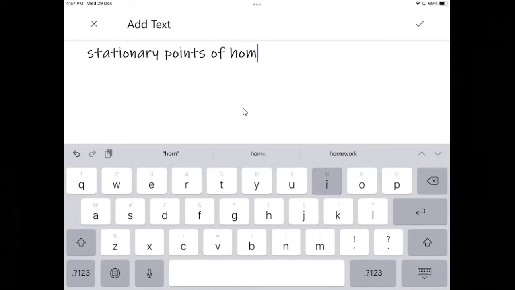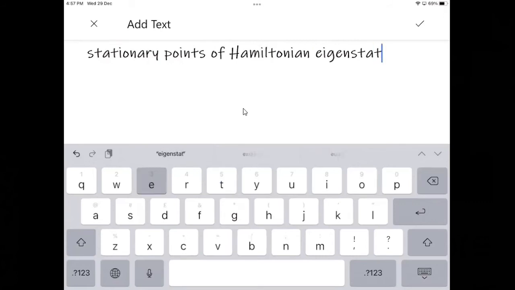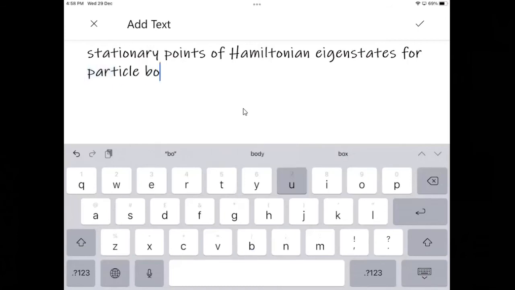Stationary points of Hamiltonian. Stationary point of Hamiltonian eigenstates for particle bound within the potential.